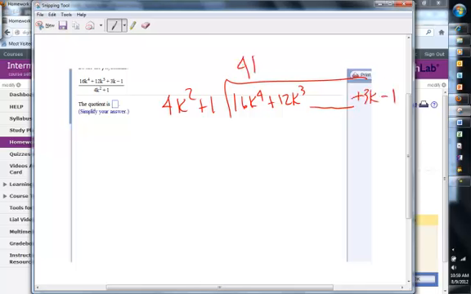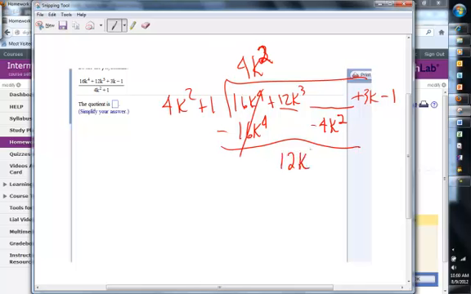So we get 4k squared. 4k squared times 4k squared is 16k to the 4th. 4k squared times 1 is 4k squared. Notice I write it underneath there because it's going to have a squared term, not a cubed term. Then I'm going to subtract, and these cancel. So I get 12k cubed is the next term.